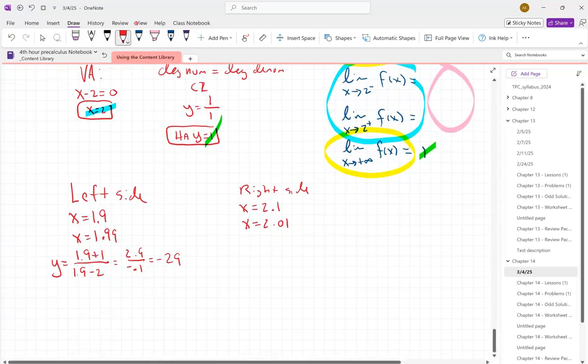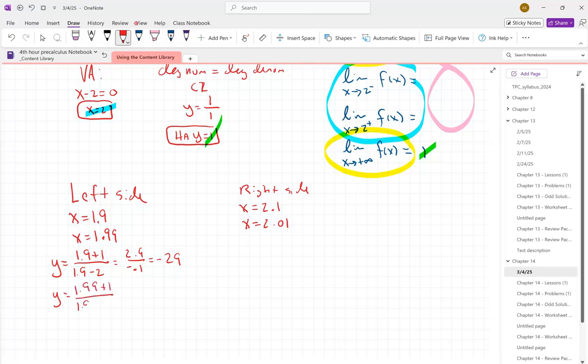And you could use your calculator to do this. I'm just opting not to. So what do we notice that's happening here? It's going down, right? The closer we're getting to -2, the smaller my number is getting. So that's telling me that I should have negative infinity for that one.